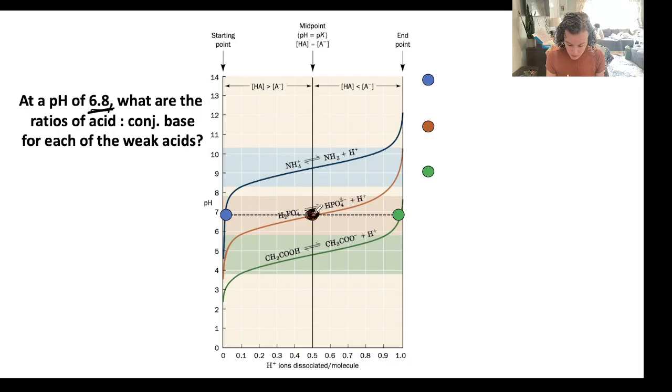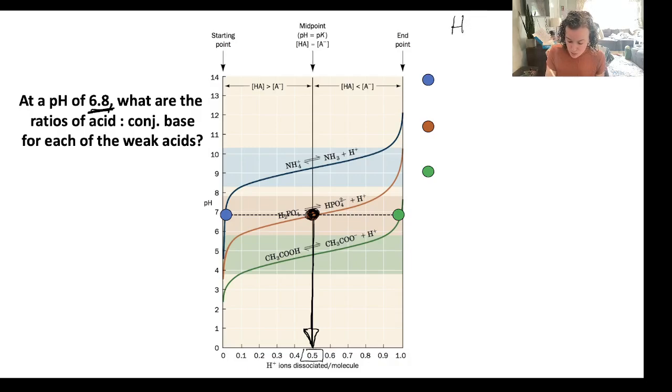It crosses phosphate right here in the middle of the graph. Now, if we take this and we drop it down to the x-axis, you can see that 0.5, so half of all molecules will have lost their proton, okay?